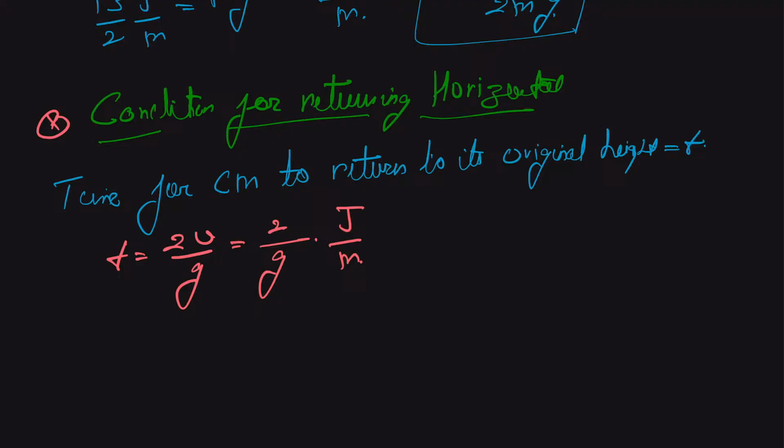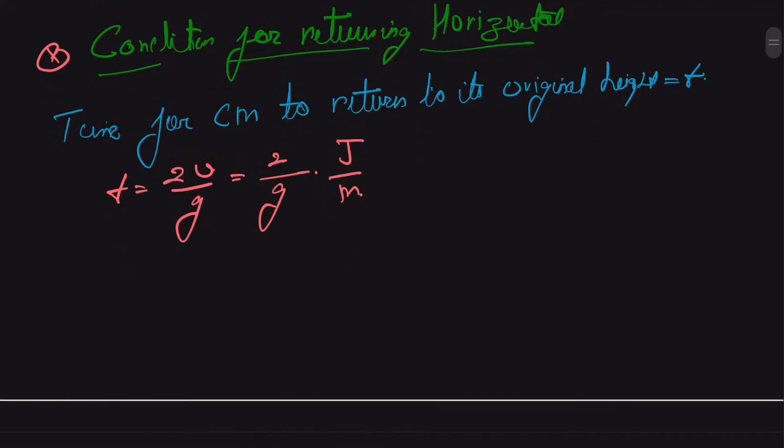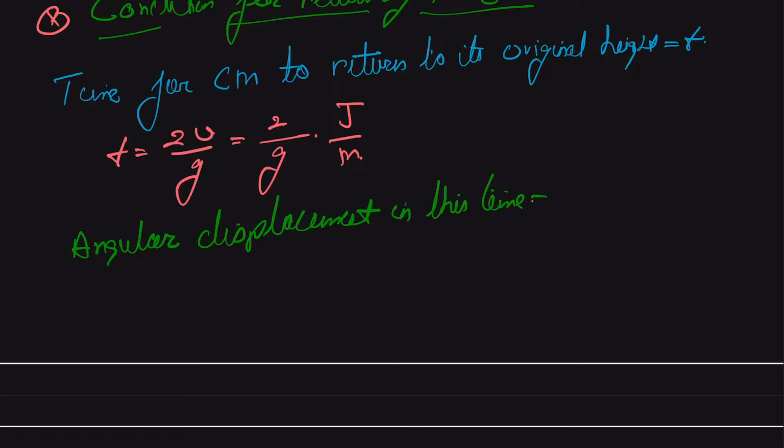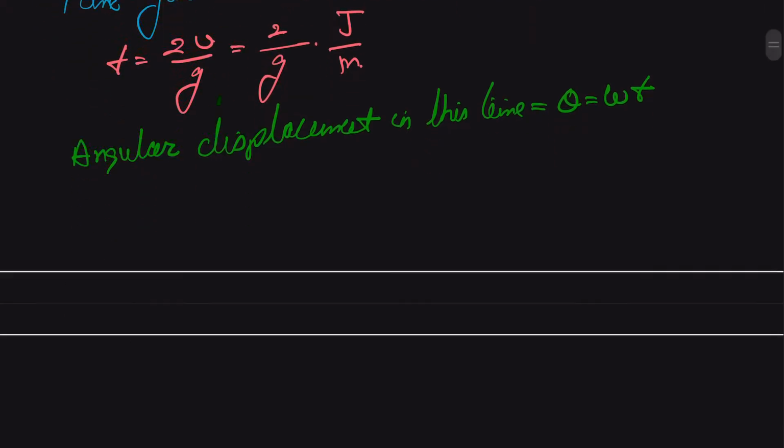And within this time t, we can also find the angular displacement. So we can say our angular displacement in this time, suppose that is theta, will be equal to our angular velocity multiplied by the time t.